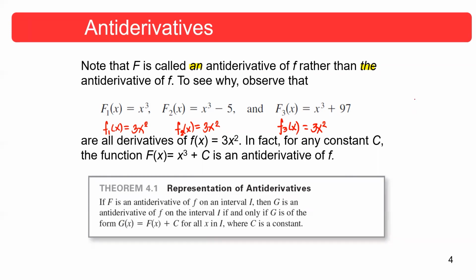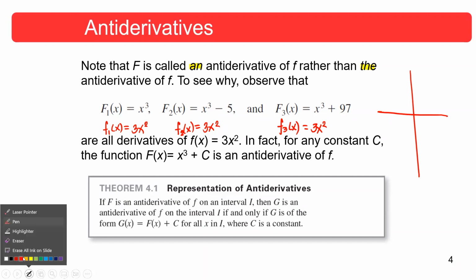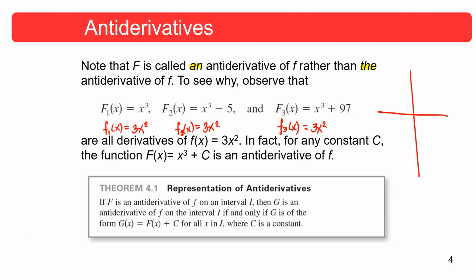Okay? And to further clarify this point, let's use number 1. The x cubed graph, for example, is this one. Let's call that function number 1. And then let's use another color.